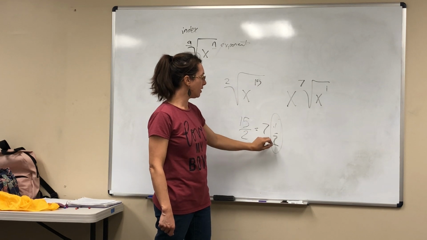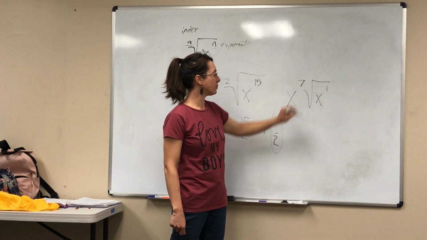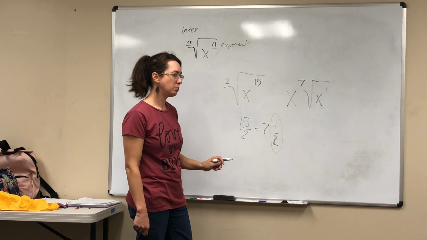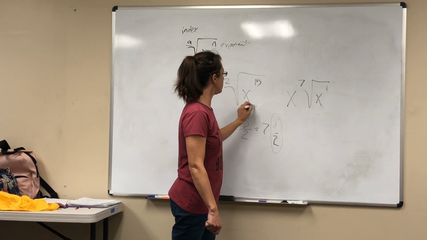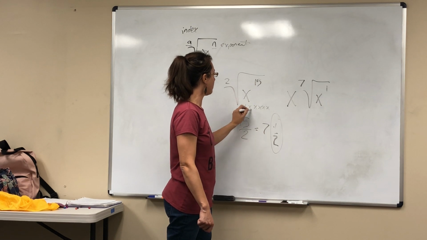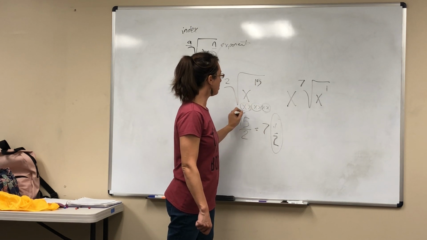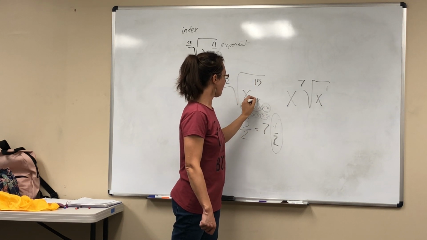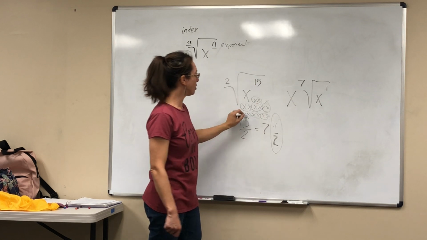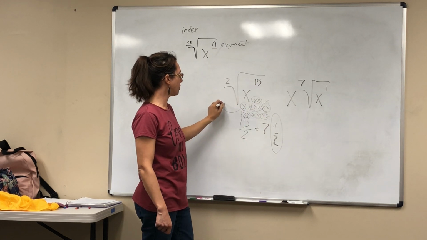So I have 1 with my root of 2. If I was to group this out, we did 15 of them, I would be able to get 7 groups. Seven groups of x, so each of those comes out.